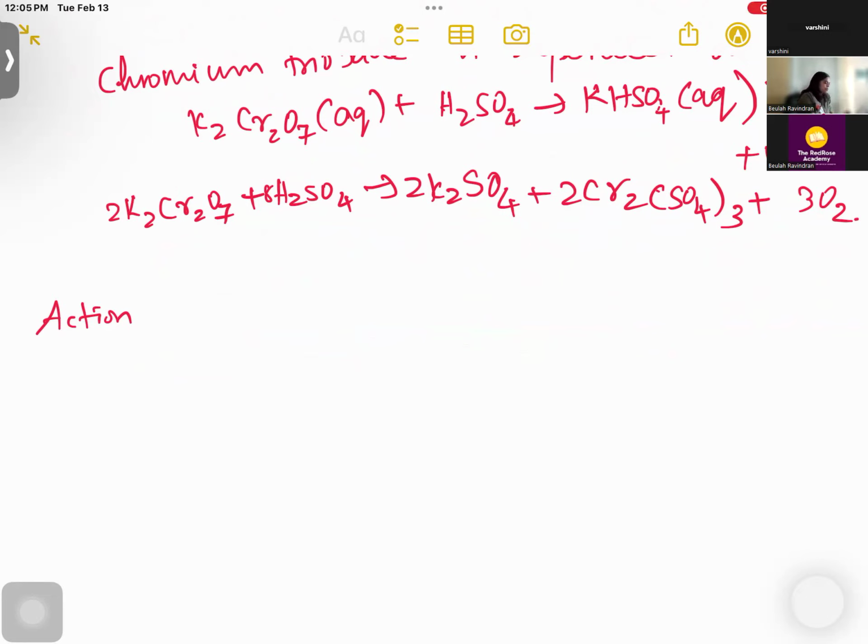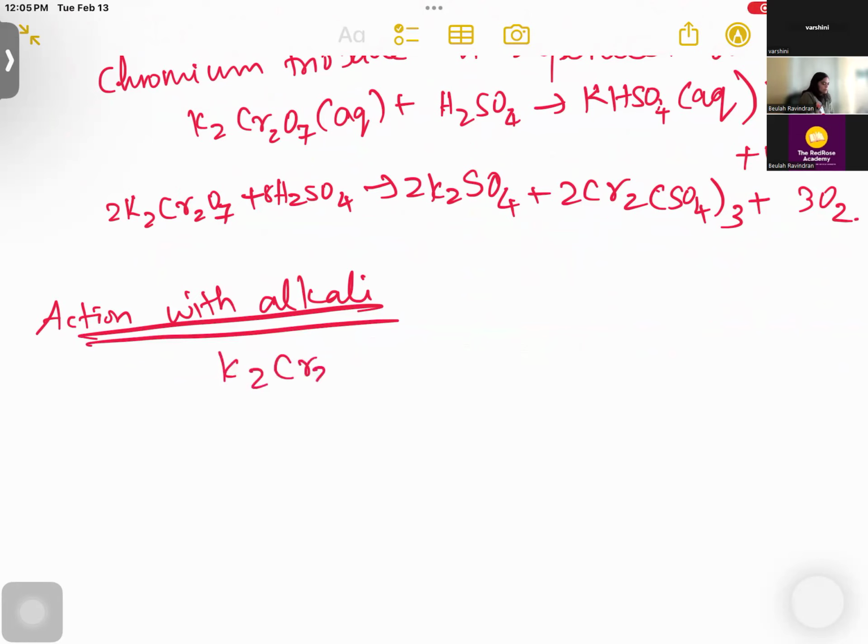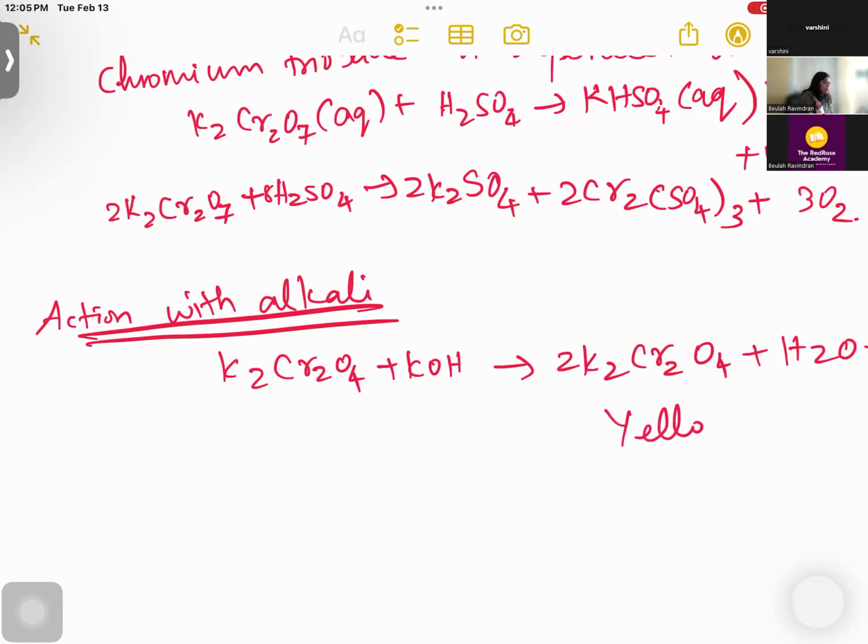Write the reaction for KOH. Plus KOH, what will happen? It becomes chromate, potassium chromate. That's it. Okay, so it is yellow, right? Orange becomes yellow.